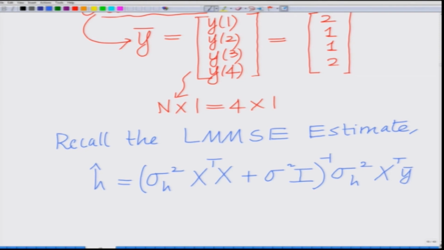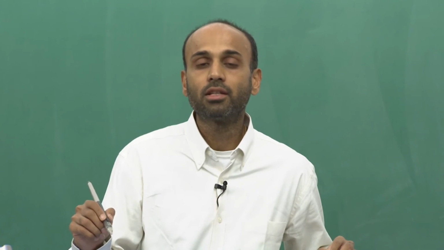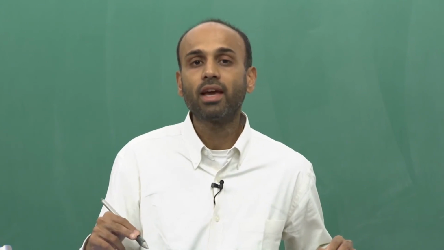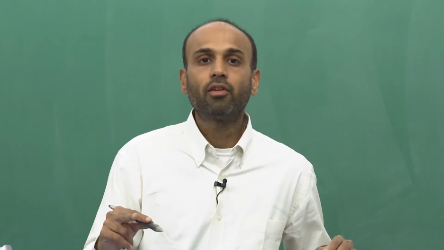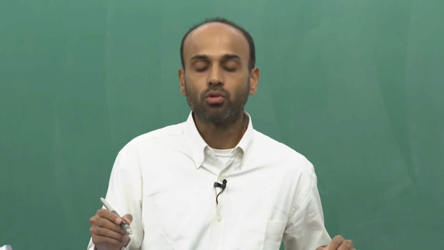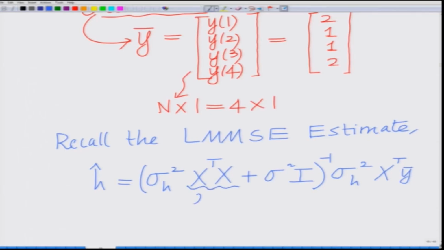Now, once again we pointed out in the previous module that this is a much simpler version, because look at this, x is 4 cross 2, therefore x transpose x will be 2 cross 2. So, inversion of this 2 cross 2 matrix is much simpler, but if you were considering the other formulation based on x x transpose, then that will be a 4 cross 4 matrix. So, we have to compute the inverse of a 4 cross 4 matrix, which is much more complicated compared to this, which is much more simple.